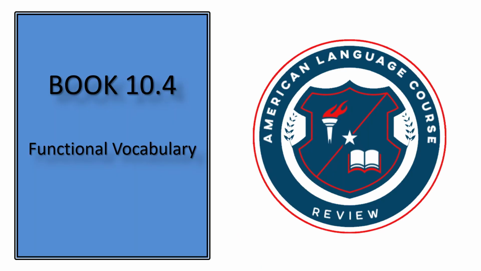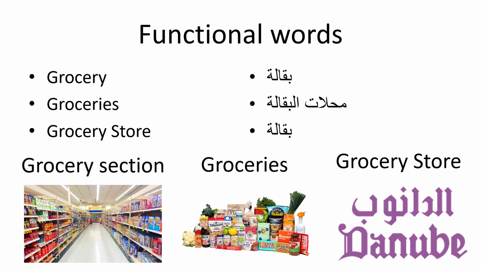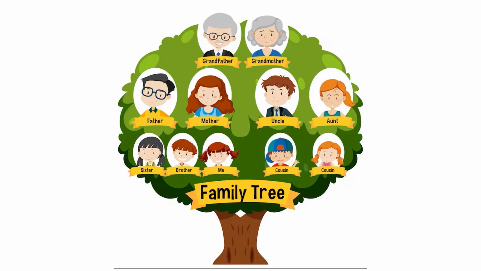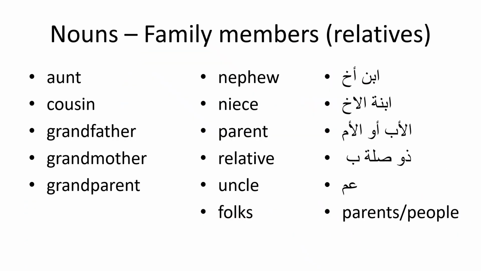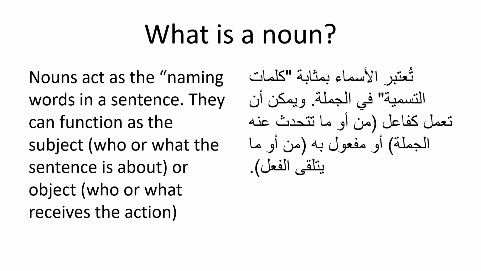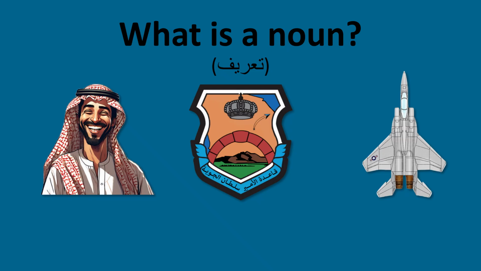Book 10, Lesson 4. Functional Vocabulary. Nouns. Family members and relatives. Aunt, cousin, grandfather, grandmother, nephew, niece, parent, relative, uncle, folks. What is a noun?